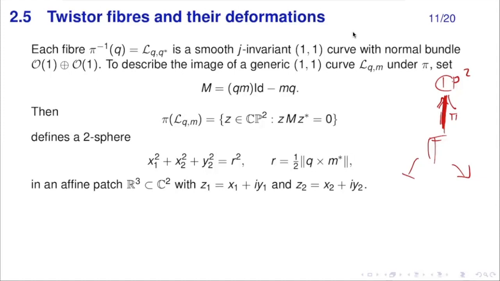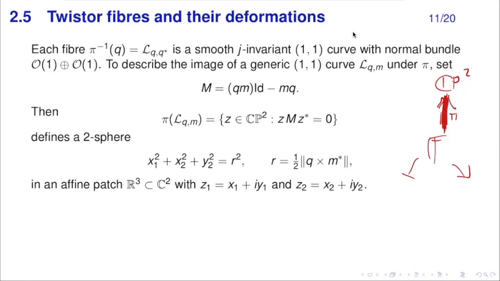So if we deform this fiber, it's a special type of, I've said it here. Remember I talked about these conics earlier on. These are these curves of bidegree 1,1. These twistor fibers are special examples of 1,1 curves.